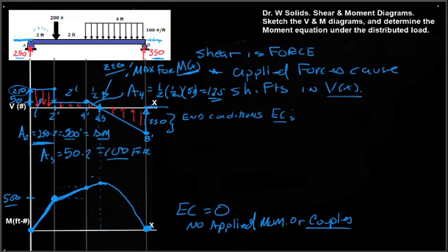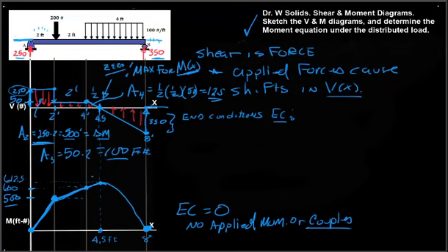So if we finish labeling this, we have 600 foot-pounds of moment there. And at the peak, we have 612.5 foot-pounds of moment acting at 4.5 feet.